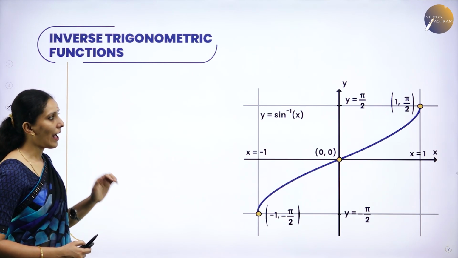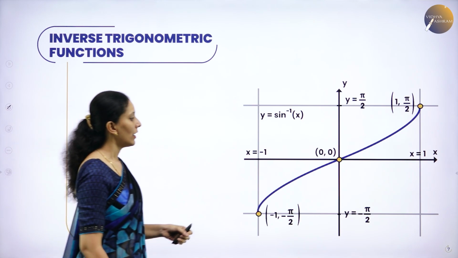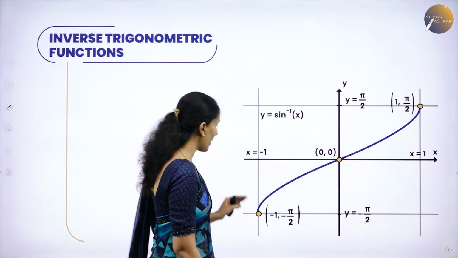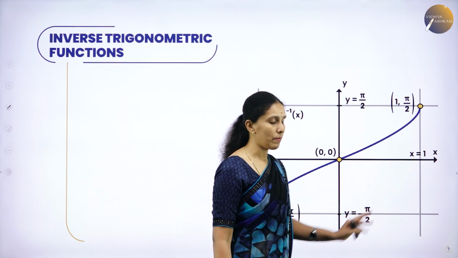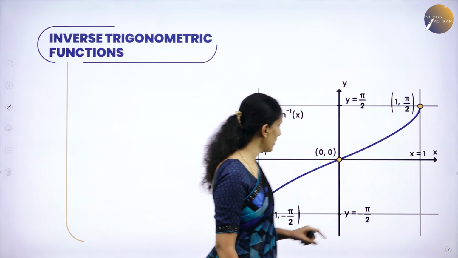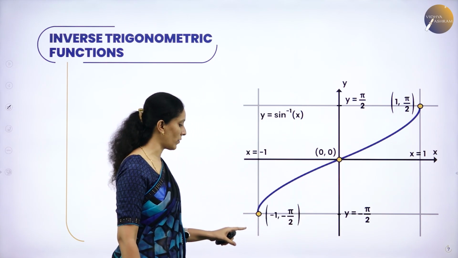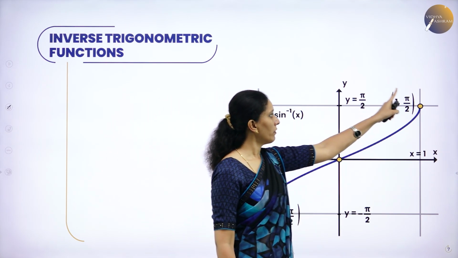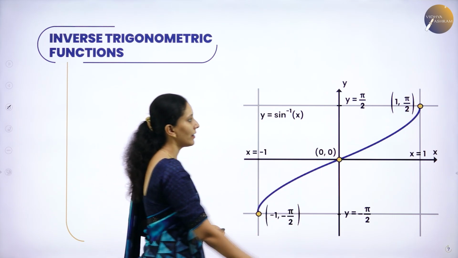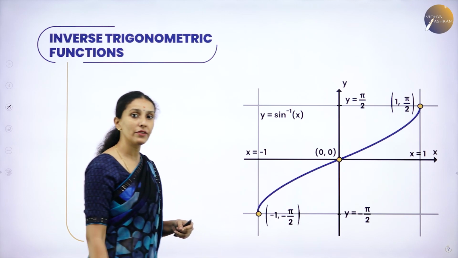Let's see the graph of the sine function. Clearly you can see this is the interval I have taken, from minus pi by 2 to plus pi by 2. Sine 0 is 0, sine pi by 2 is 1, sine minus pi by 2 is minus 1. So these are the points with respect to pi by 2, 0 and minus pi by 2, and this is the graph of the sine inverse function.